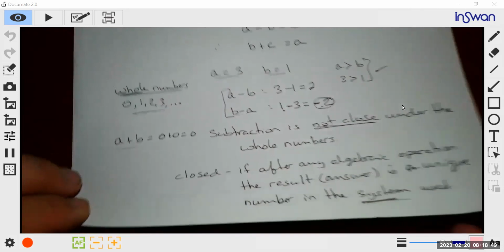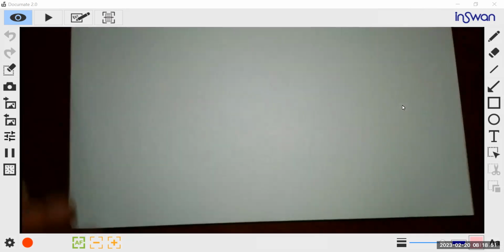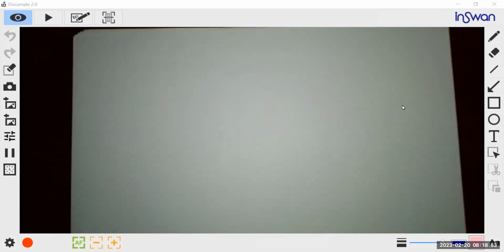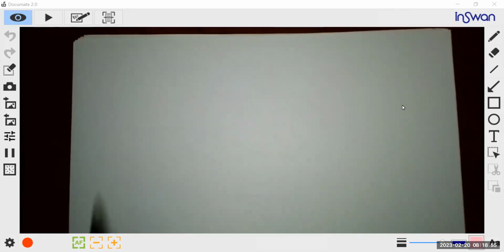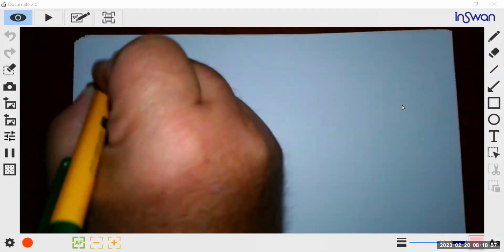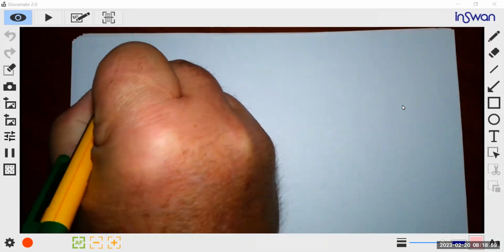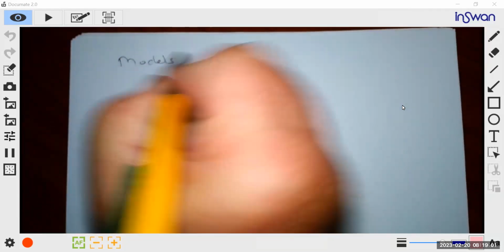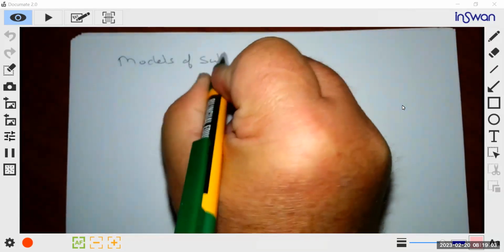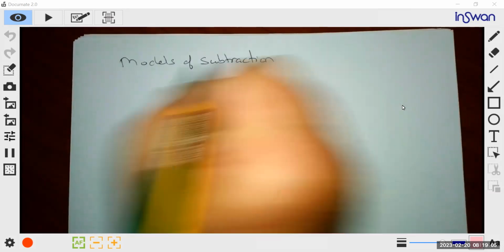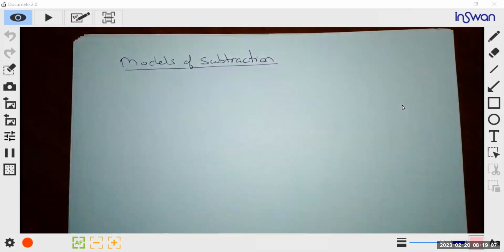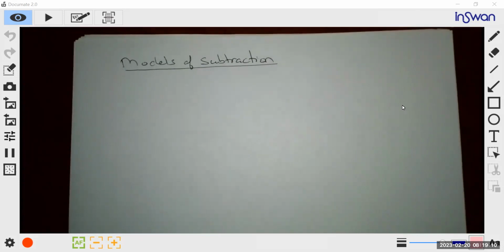All right, so now we're going to look at the models of subtraction. By models, we mean theorems, theories, procedures.